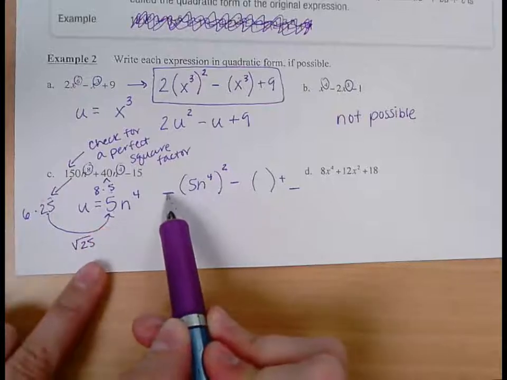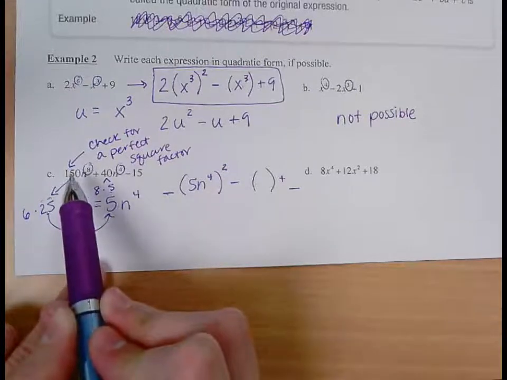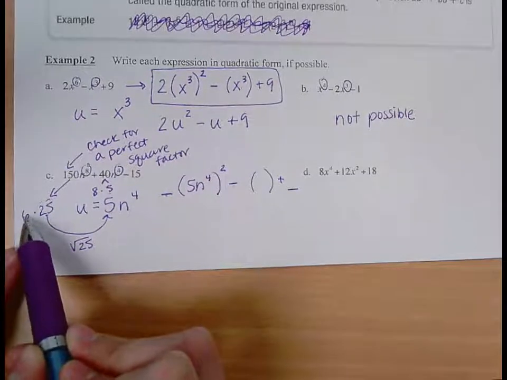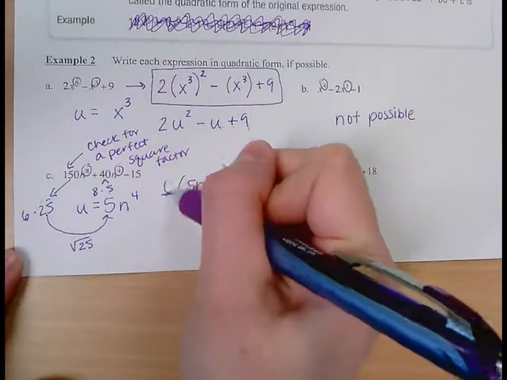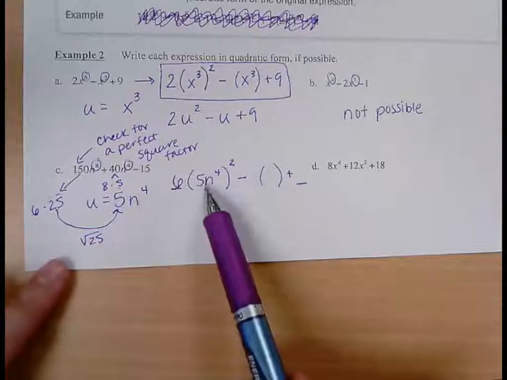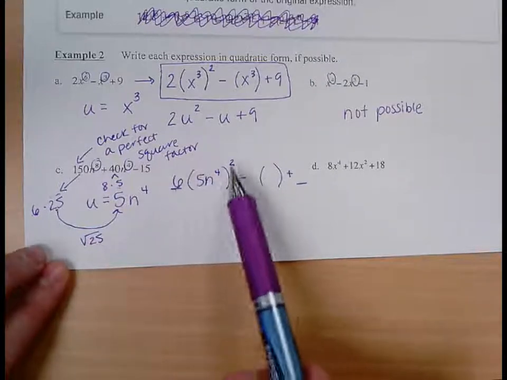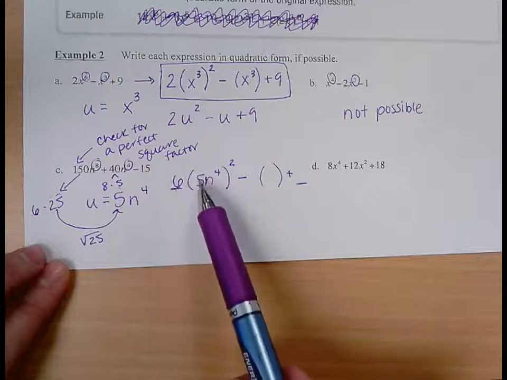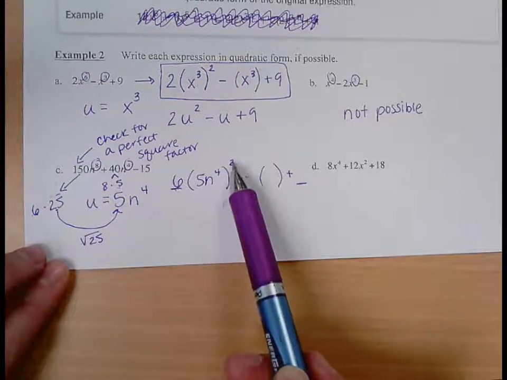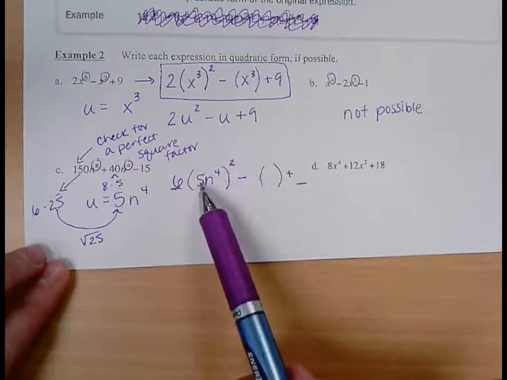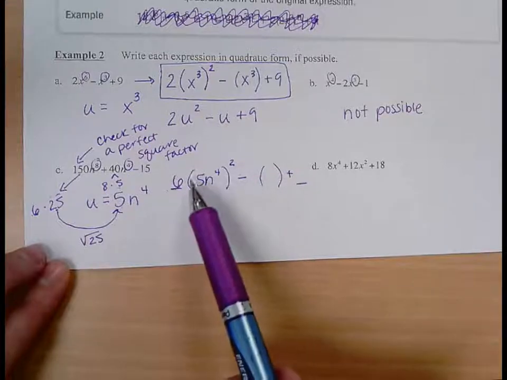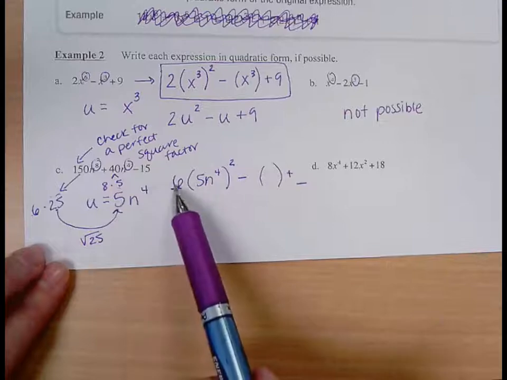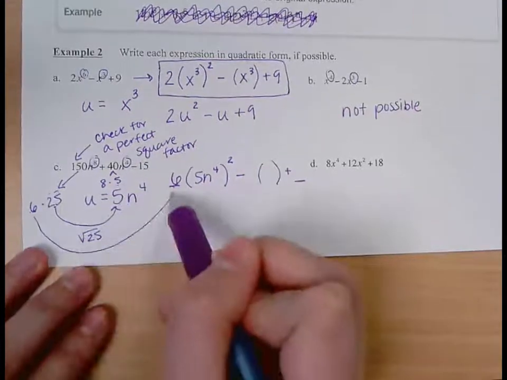The number that is now outside is no longer the 150. The number on the outside is going to be this 6. The reason why is if I were to simplify this or actually distribute the exponent, multiply it out, 5n to the 4th squared becomes 25n to the 8th. And if I take out the 25 from 150, I'm left with the 6. So that's where that 6 is coming from.